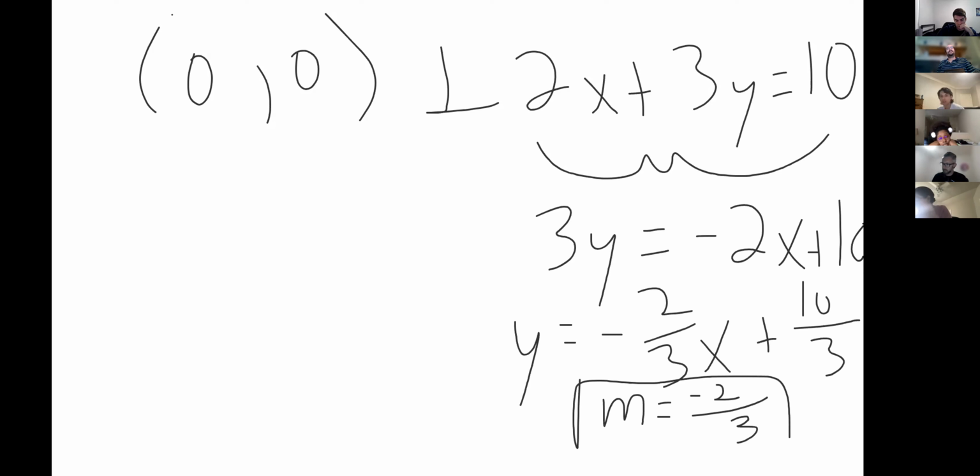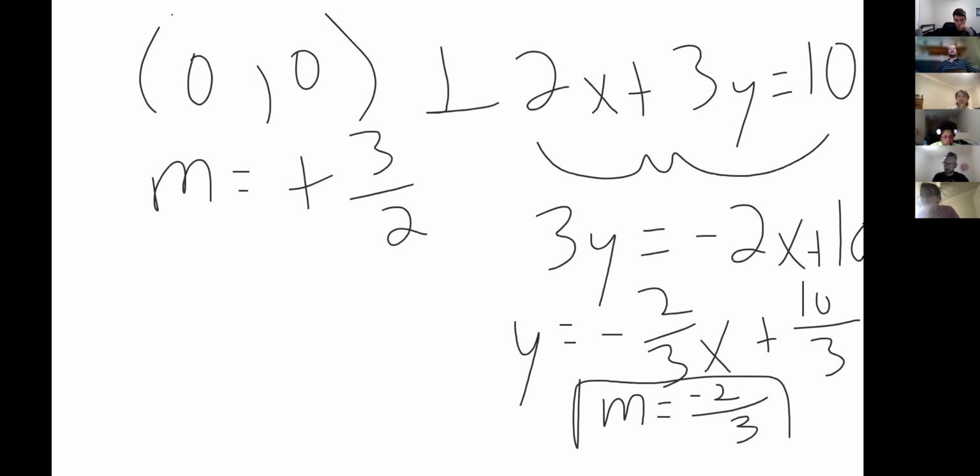Now, if I want something perpendicular to that, I think this is where people usually mess up. Just flip it, and it was negative. Guess what this guy has to be? It has to be 3/2. And since this one is negative, this one has to be positive.